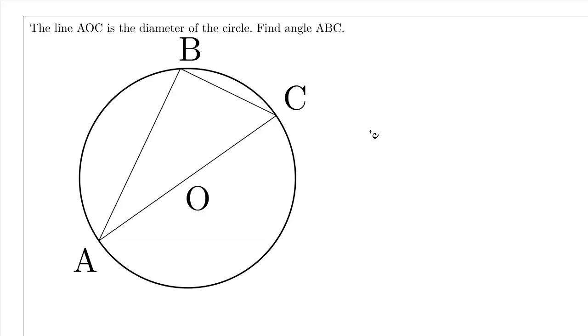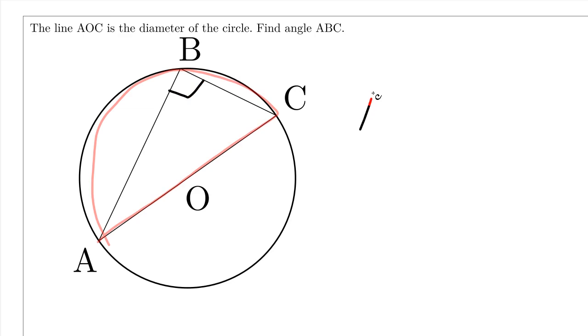So, Theorem 2. We have a question that tells us that the line AOC here is the diameter of the circle that passes through the center, and we're told to find angle ABC. This bit here, the line AOC, the diameter, plus this half of the circle make a semicircle, which tells us that the angle here is a right angle.